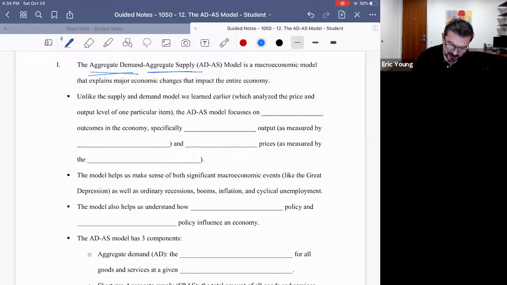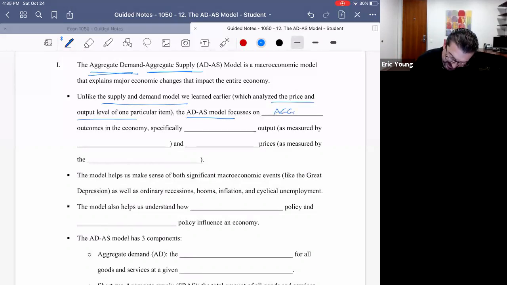Mainly because, whereas the supply and demand model that we learned earlier analyzed the price and the quantity of one item, the P and Q of nachos, the P and Q of beer, the equilibrium P and Q of university tuition and number of seats offered, whereas that was one item, the ADAS model focuses on what we're going to call aggregate.